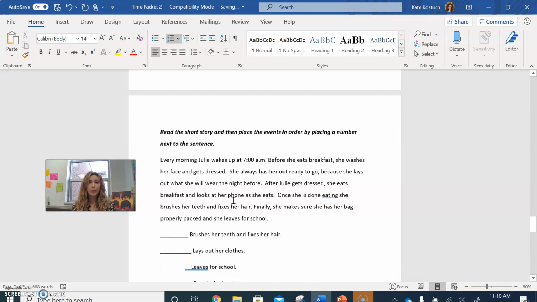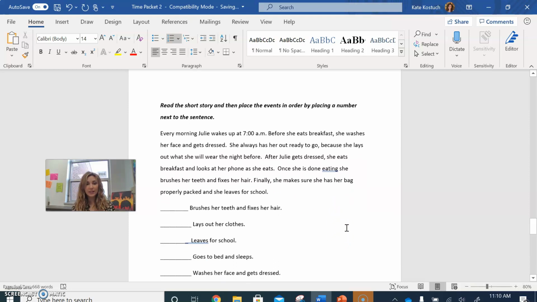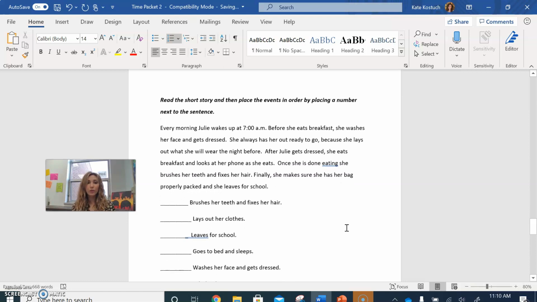Okay, now read the story and then place the events in order by placing a number next to the sentence. Every morning, Julie wakes up at 7 a.m. Before she eats breakfast, she washes her face and gets dressed. She always has her outfit ready to go because she lays out what she will wear the night before.